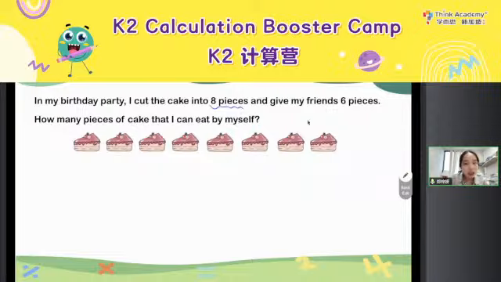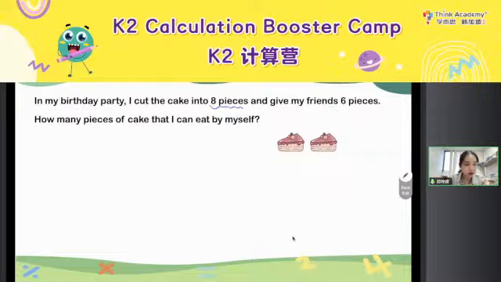And if I give my friend 6 pieces of cake, it means that 6 pieces of cake disappear. So what you can do is cover 6 pieces of cake in your book, which in here, they disappear. So how many pieces of cake can I eat by myself?